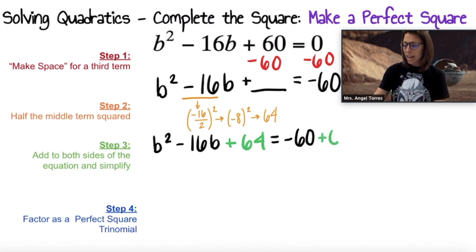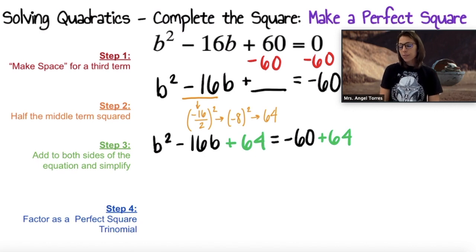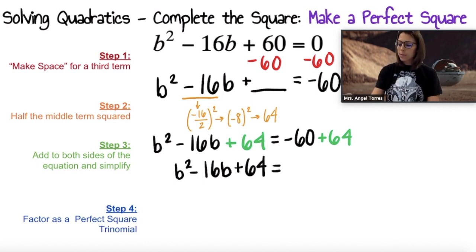So we also need to add 64 to the other side. Our equations are equivalent. The only difference is we've now filled in a different third term. Let's simplify. Well, the left side can't be simplified anymore, so I'm just going to leave that as b squared minus 16b plus 64. But the right side, negative 60 plus 64, is positive 4.